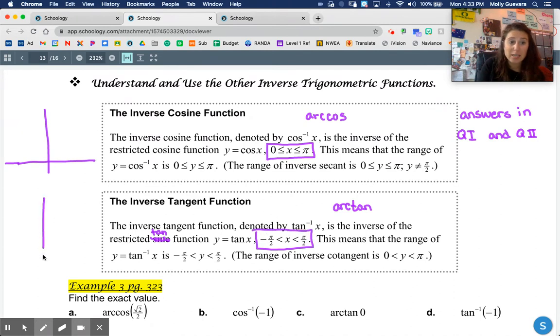So tangent is going to be quadrants 1 and 4. Again, we're going from negative pi over 2 to positive pi over 2. Up here we have positive tangents, and down here we have negative tangents. So here my answers are in quadrant 1 and quadrant 4.